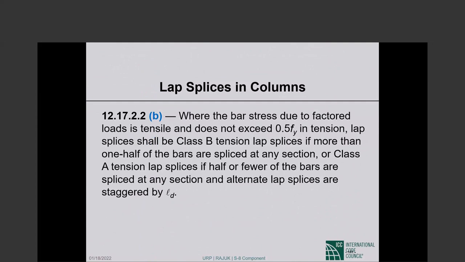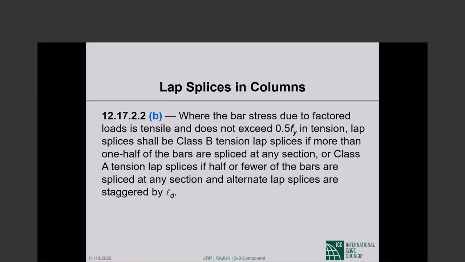Where the bar stress due to factored loads is tensile and does not exceed 50% of F sub y in tension, lap splices shall be class B tension lap splices if more than one half of the bars are spliced at any section, or class A tension splices if half or fewer of the bars are spliced at any section, and alternate lap splices are staggered by one development length. Quite a bit said here.